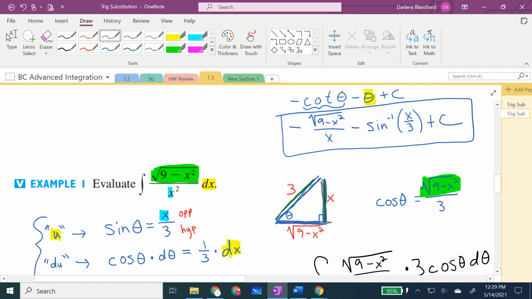At this moment, this may seem like an incredible amount of work. But as we continue to do these over and over again, you're going to become so much better at your trig. And this is going to go faster as you become stronger with your trig.